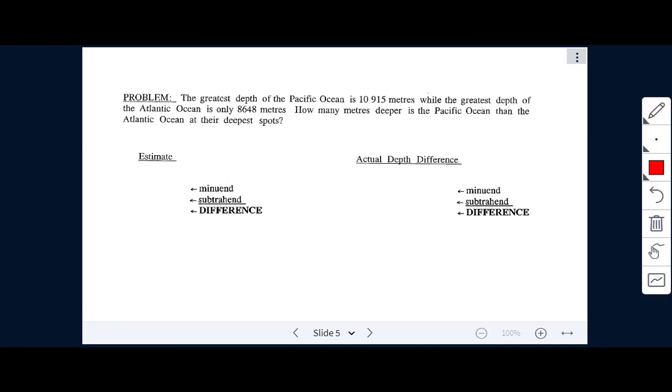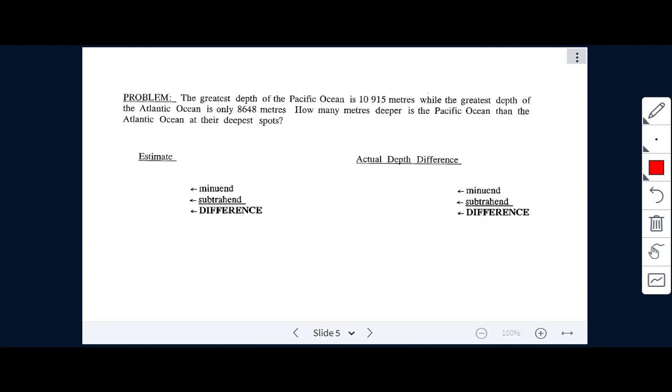So our next word problem, the greatest depth of the Pacific Ocean is 10,915 meters, while the greatest depth of the Atlantic Ocean is only 8,648 meters. How many meters deeper is the Pacific Ocean than the Atlantic Ocean at their deepest spots?